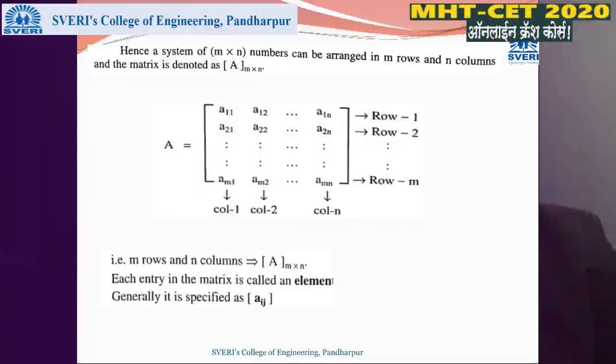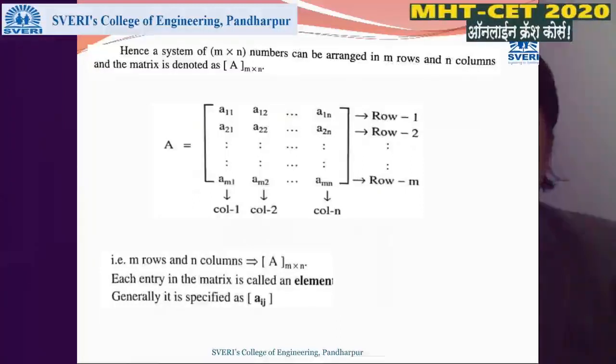Then the second row A21, A22, and so on up to A2n, and the last row contains the elements Am1, Am2, and so on up to Amn. Now how many rows are there? Rows are m. How many columns are there? There are n columns. So what is the dimension of this matrix? m by n. It is also known as the order of the matrix.